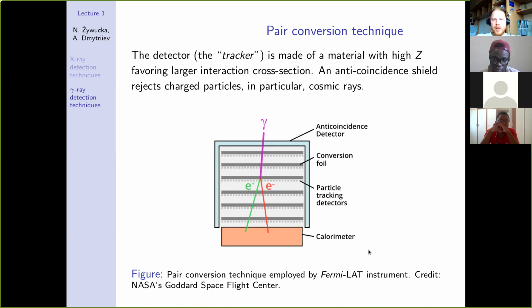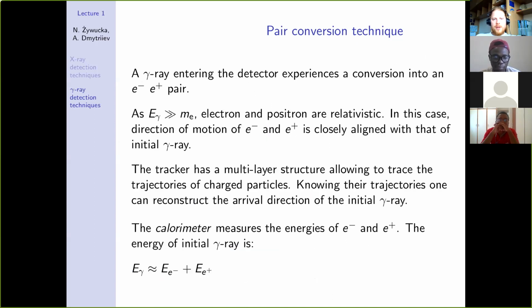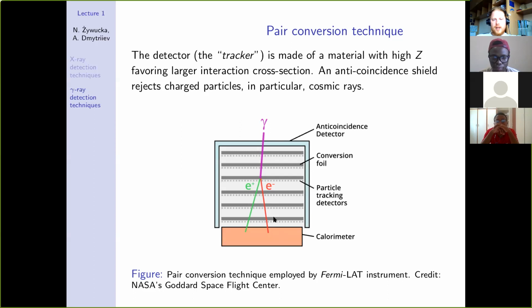So how is it working? A gamma ray which enters the detector experiences conversion into an electron-positron pair here. The higher the energy of the gamma ray, the lower will be the angle between those two.